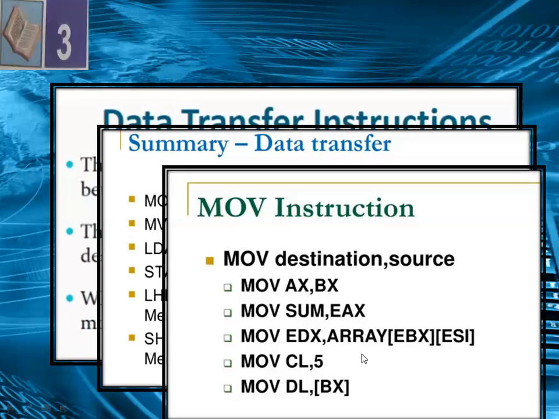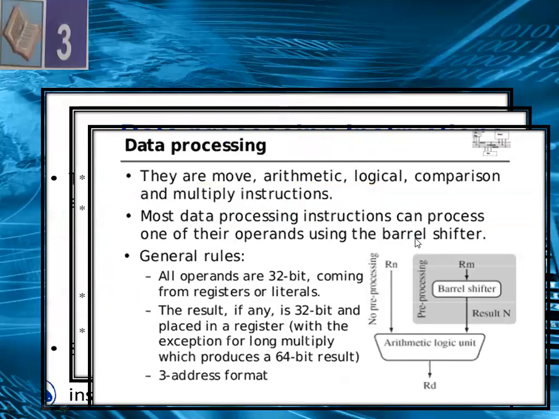MOV EDX, ARY, the location of the array and the size of the array. So these are some common examples of MOV. MOV is the operation, and then we have operands on which the instruction will be performed.